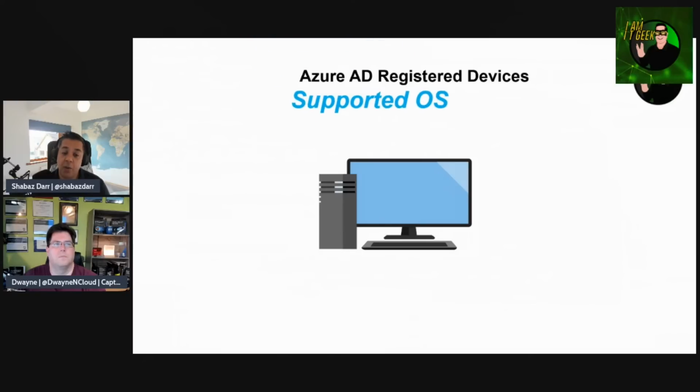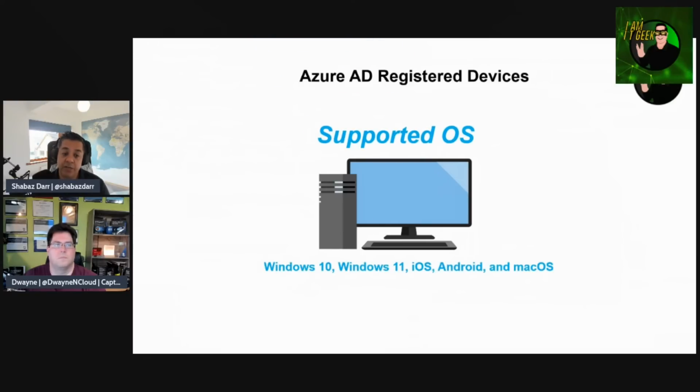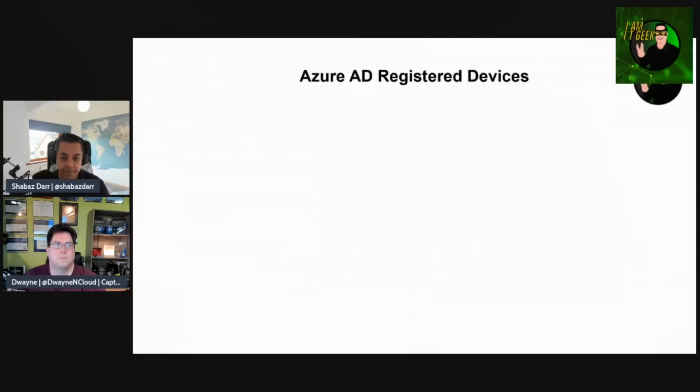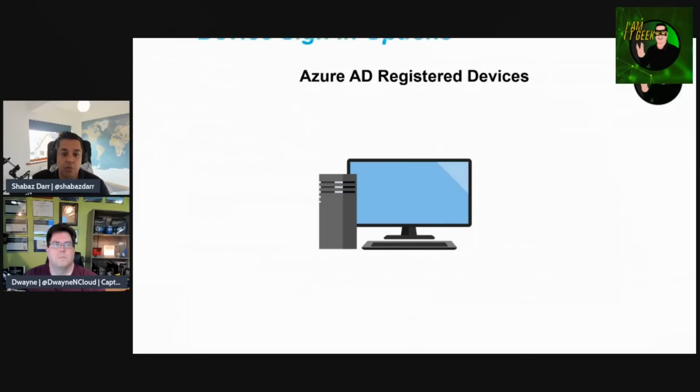From a supported OS perspective, Windows 10, 11, iOS, Android, and macOS all support Azure AD registered devices. So if you have an Apple Mac, or an iPad or an iPhone, those can all be Azure AD registered devices. Same with Android and obviously Windows 10 and 11. What about sign-in options?